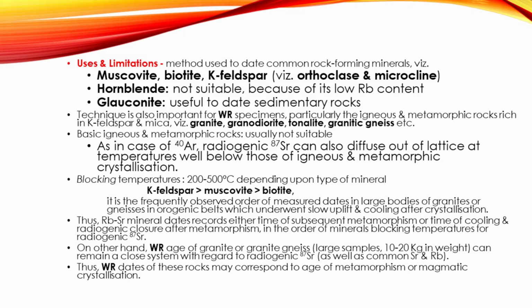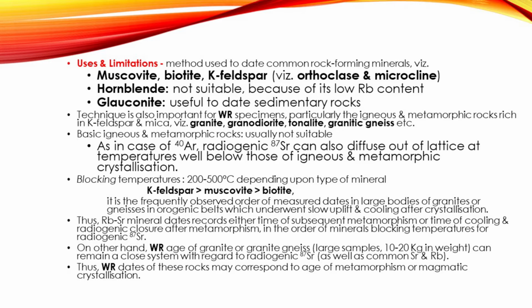As in the case of argon-40, as we have seen in the potassium-argon method, the radiogenic strontium-87 can also diffuse out of the lattice at temperatures well below those of igneous and metamorphic rock crystallization.